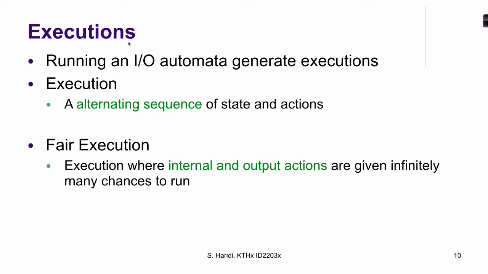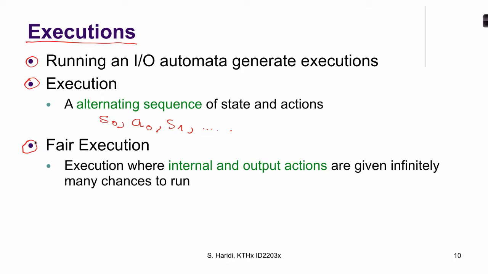So what are executions? Input-output automata generate executions. An execution, as we have seen before, is an alternating sequence of states and actions. You start from a state, say s0, you do an action a0, you move to a state s1, and so on. So what is a fair execution?